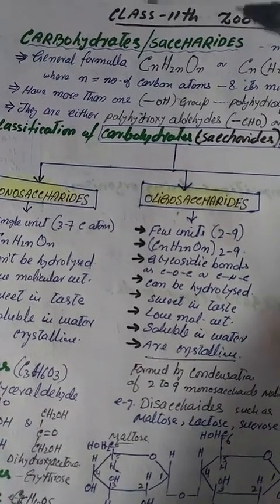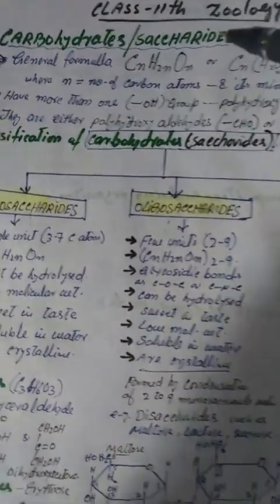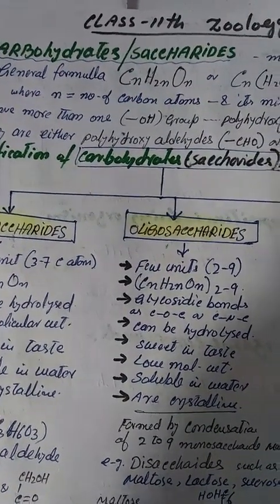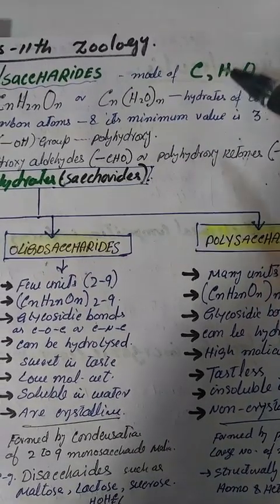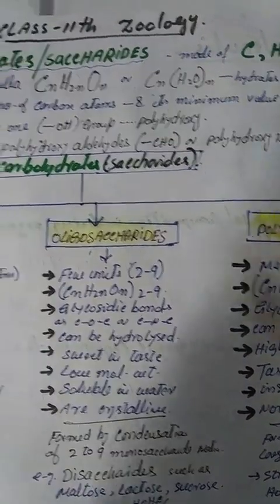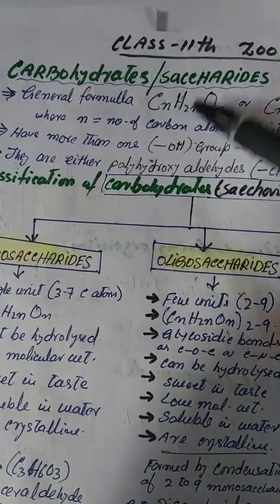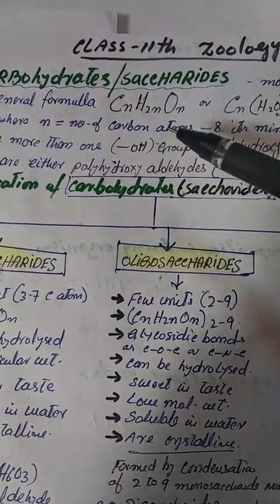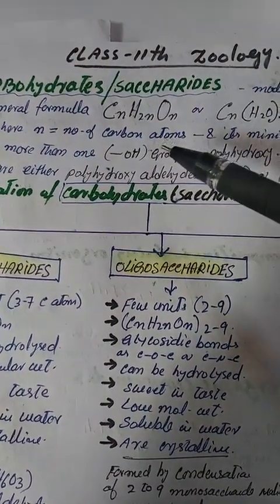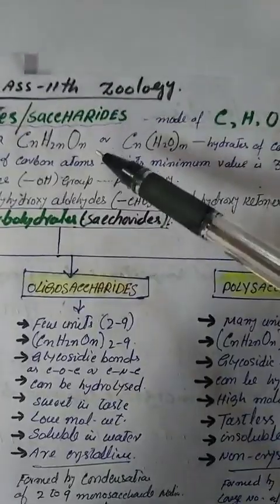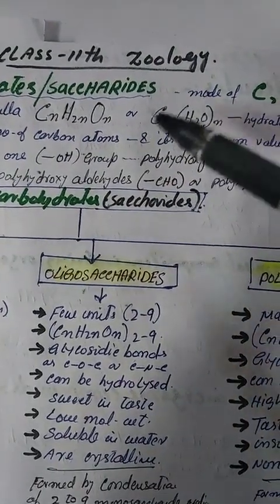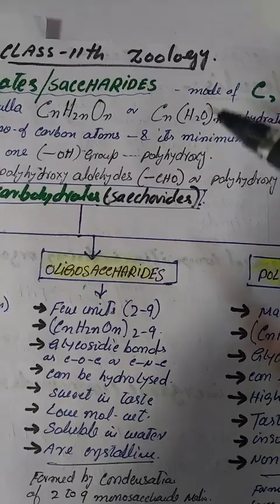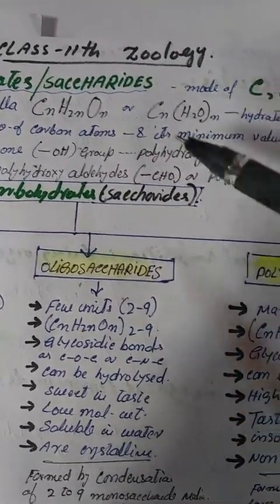These carbohydrates, also known as saccharides or sugars, are basically made of the elements carbon, hydrogen and oxygen. Their general formula is CnH2nOn, where n is the number of carbon atoms, or we also call them hydrates of carbon, and the formula becomes Cn(H2O)n, that is the hydrates of carbon or carbohydrates.